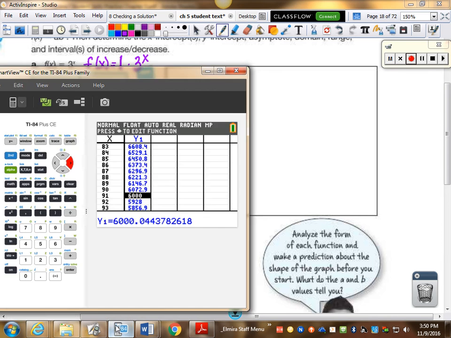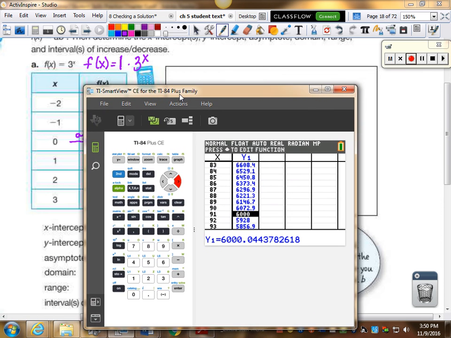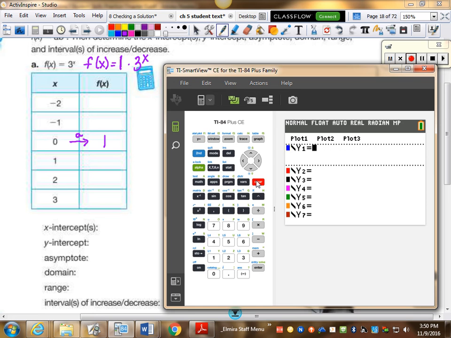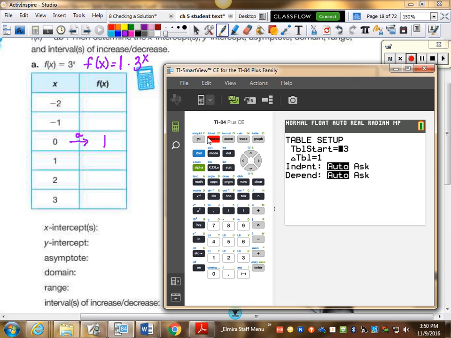Starting to just emphasize the parts of the problem. Now I'm going to go to my calculator and do the table part first. So y equals 3 caret x. Now, table set. The last problem we just did from the homework, we were in the 80s, and I don't want to scroll all the way back down.